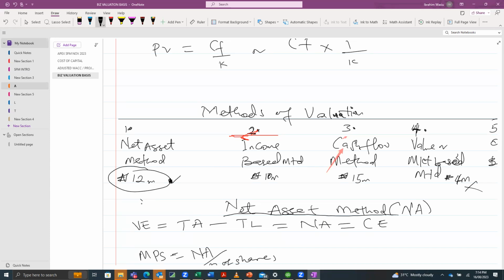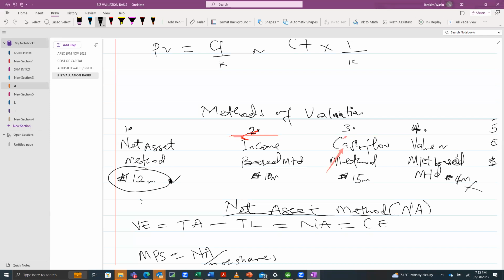If you can dispose of your assets and deduct your liability, you have a value. That's a certain method. No matter what any other method results, truth be told, if you dispose of those assets now, you can get these 12 million. It is very realistic. So why should you go for a lower value when you can actually get that value?